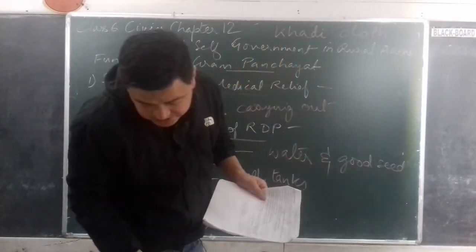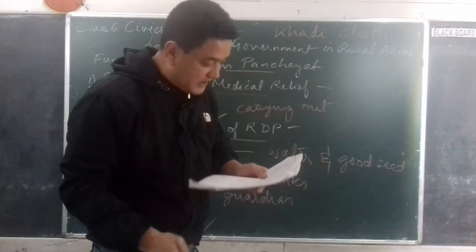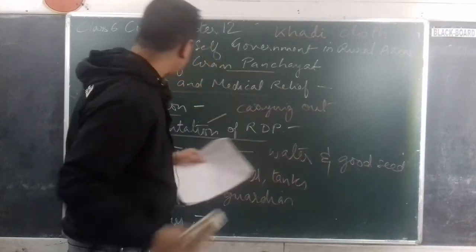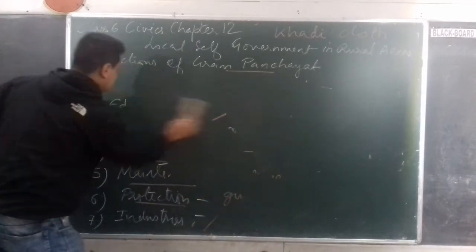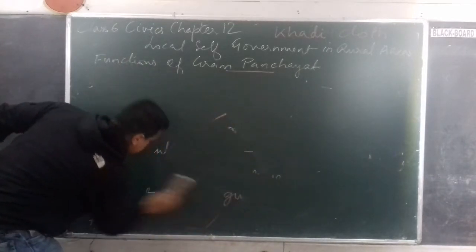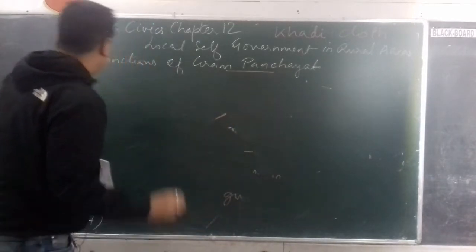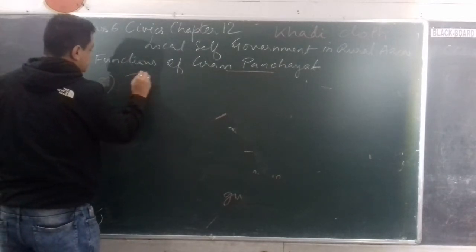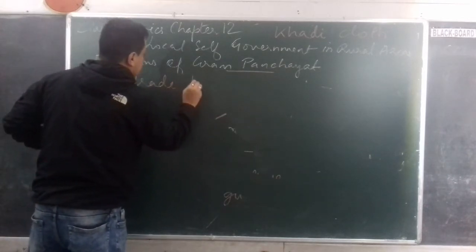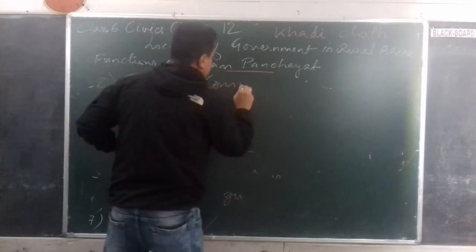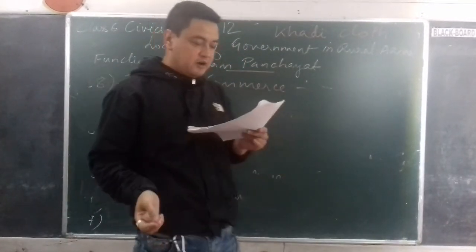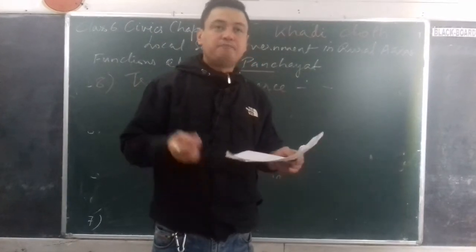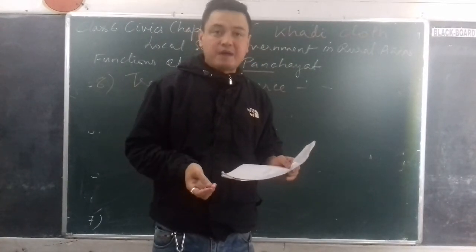Now the eighth function is trade and commerce. Whenever we are talking about trade and commerce, we are talking about trade, meaning buying and selling of things, that is Bepar we call it.